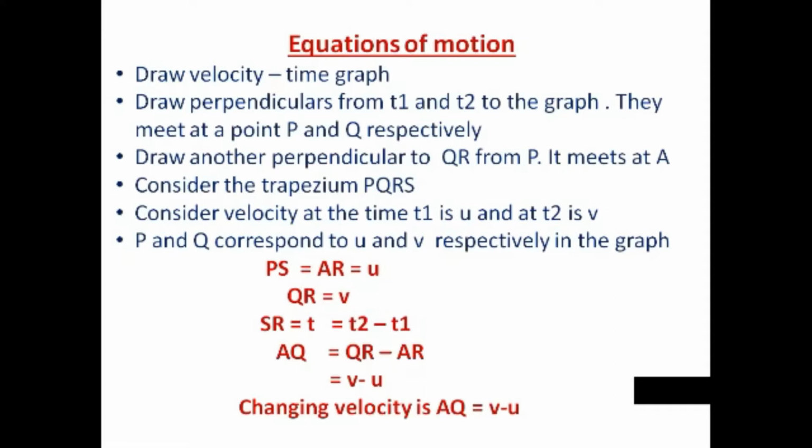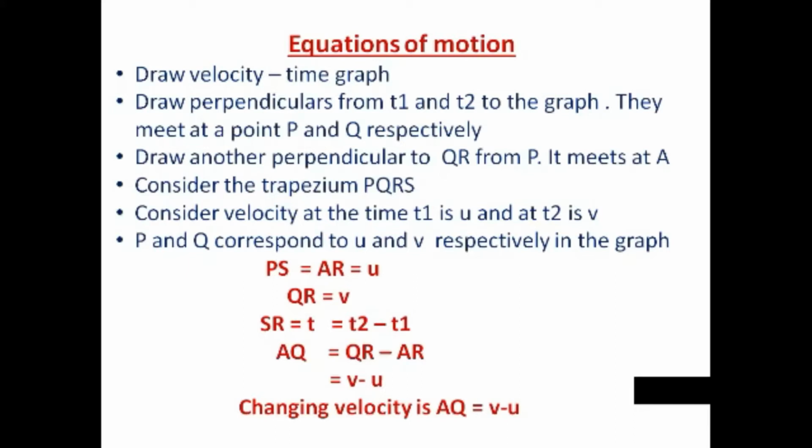And next, QR. QR is another side of the trapezium and QR is equal to V. And SR is the next side of the trapezium and SR is taken as T, the time period, that is T2 minus T1.